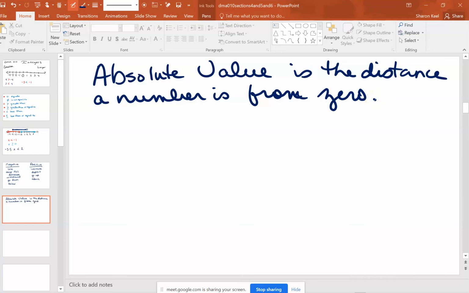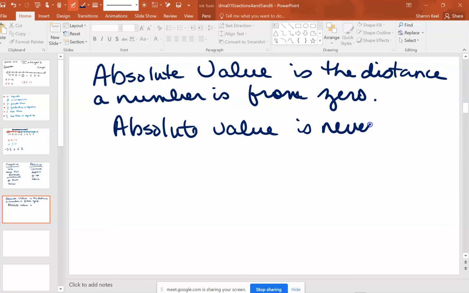The way we write absolute value is by using two parallel lines on each side of the number. Absolute value is never negative. It's always positive because we're talking about the distance of something.